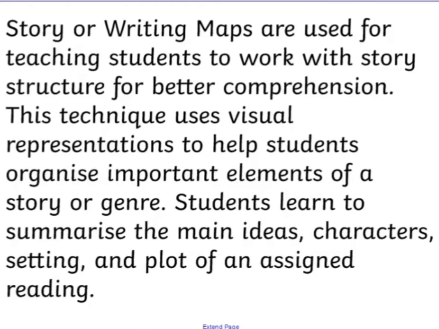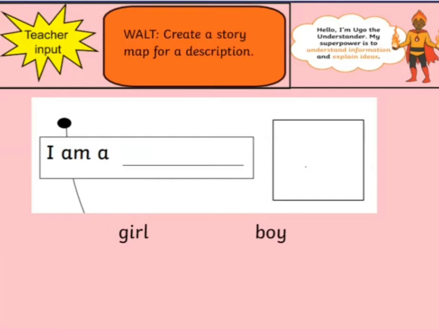Okay, so from there we start on "I am a." If you're a girl, you would write girl. If you're a boy, you would write boy. Again, we don't want to make it too long or too complicated. The idea is to think about the construction of the sentence.